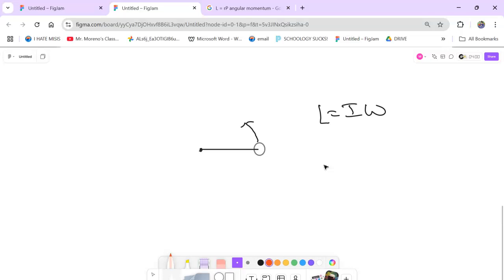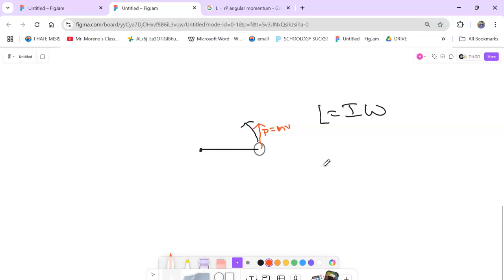I know that as this object is spinning around in a circle, there is that instantaneous tangential velocity, and it's going to be tangent to this circular path. And at this moment, it's going to have a momentum of p, which is translational. It's going to be mv.